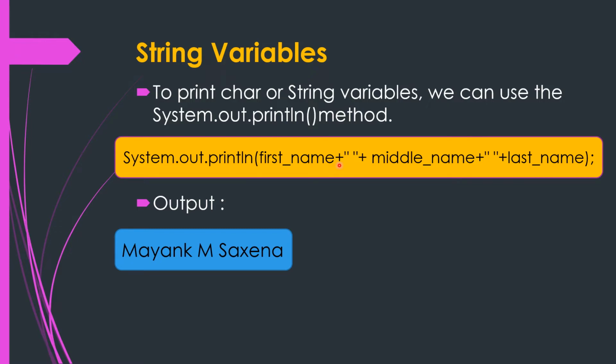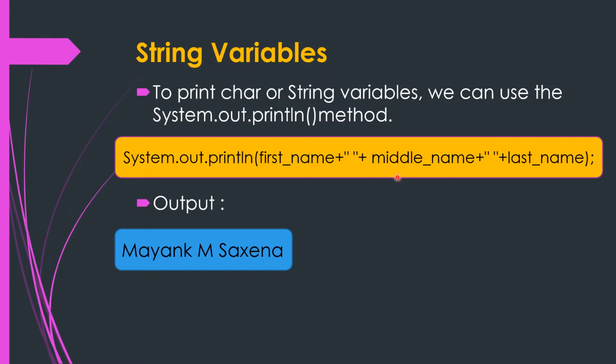Then, to concatenate the strings, we put the plus sign. To give a gap in between, we use double quotes with a space in between. This indicates that after printing first name there should be a space, then middle name, then again a space, and then last name.